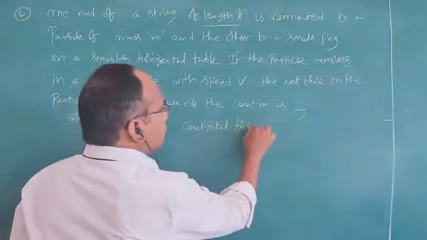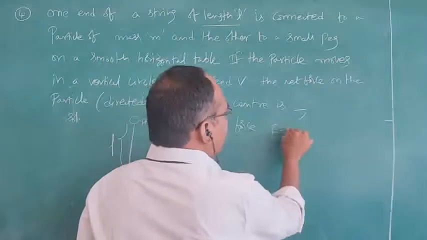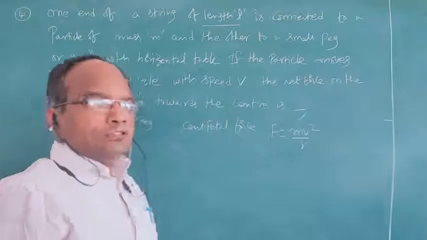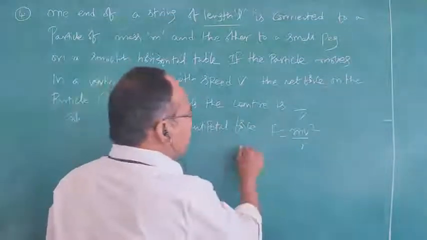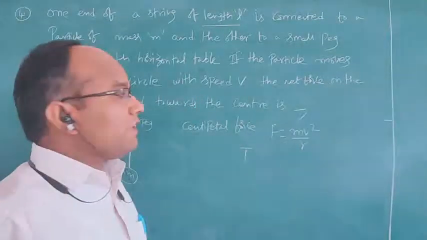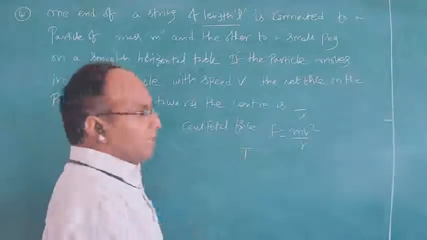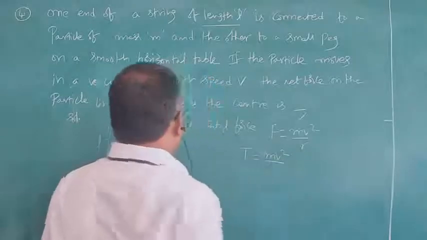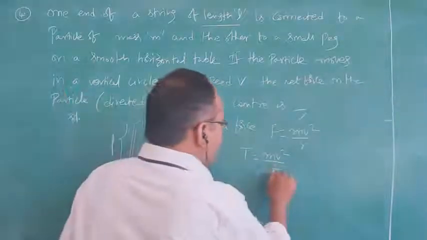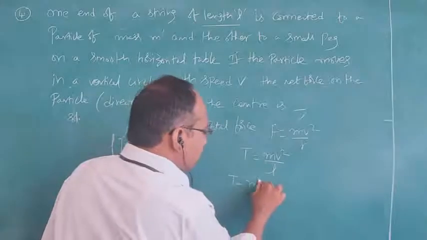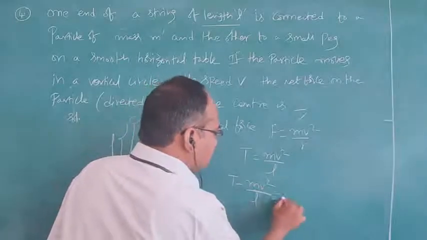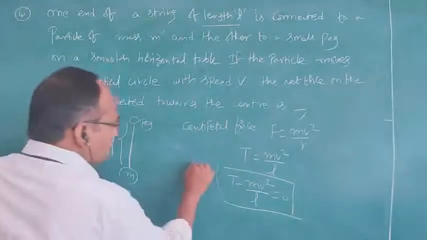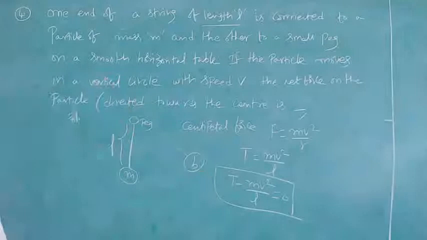The formula is F is equal to mv square by r. In the objective, the force is given as tension T, and r is nothing but L. Therefore, T minus mv square by L is 0. So the second option is your answer. This is the fourth question.